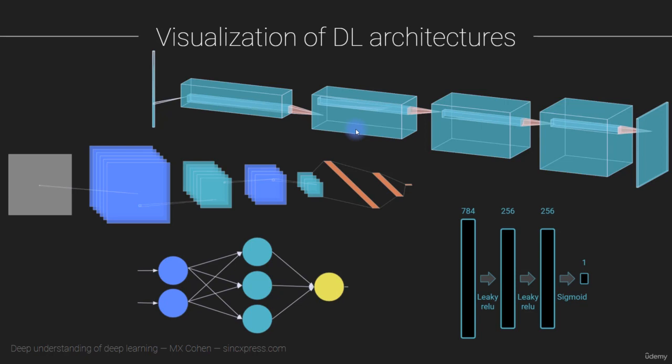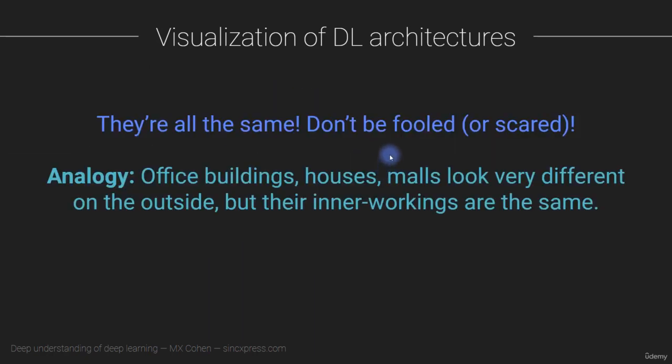But don't be concerned and don't be intimidated. These different deep learning models are actually all really similar to each other. In fact, they are much more similar than they are distinct. So don't be intimidated by the diversity of terms and graphical representations of deep learning architectures.